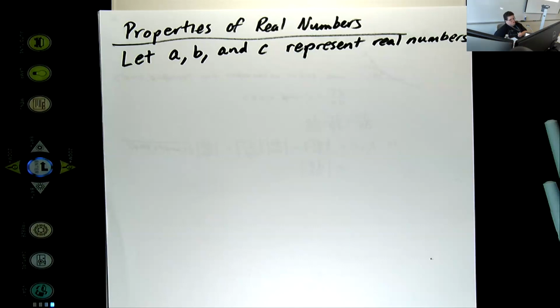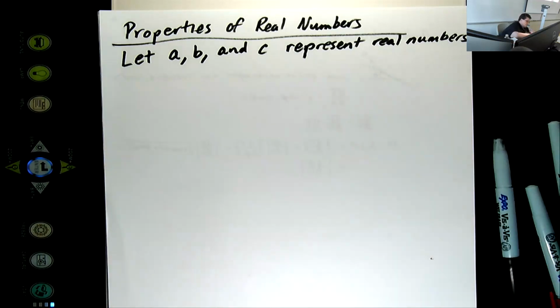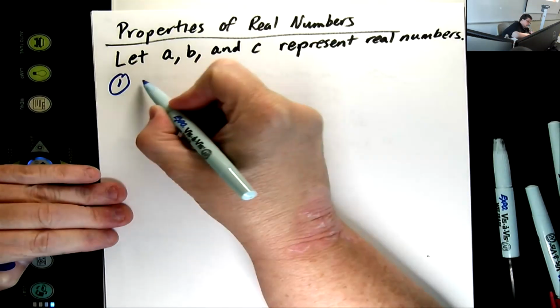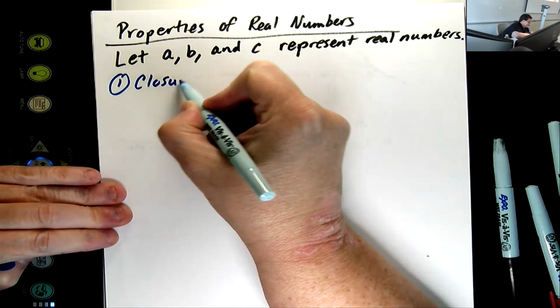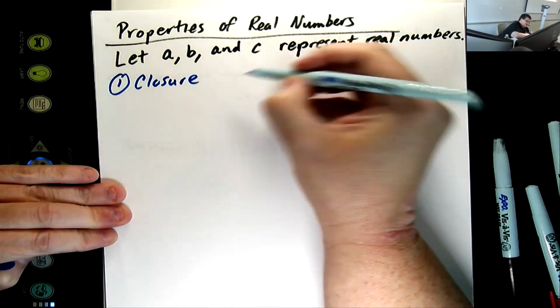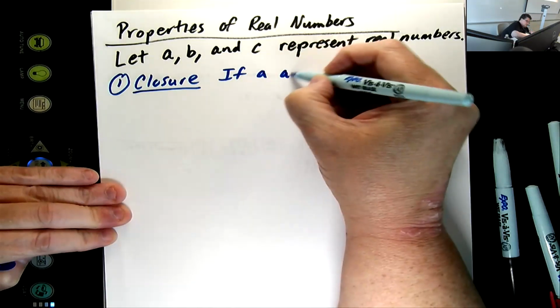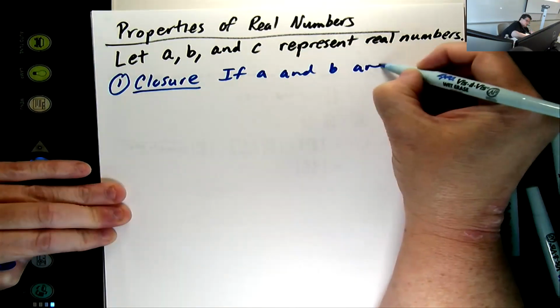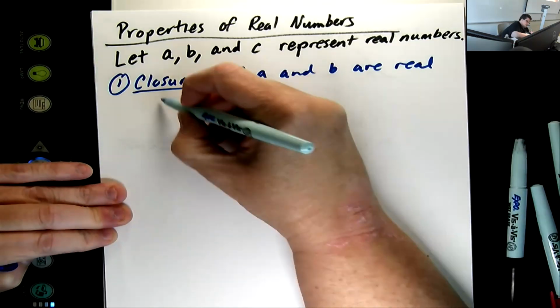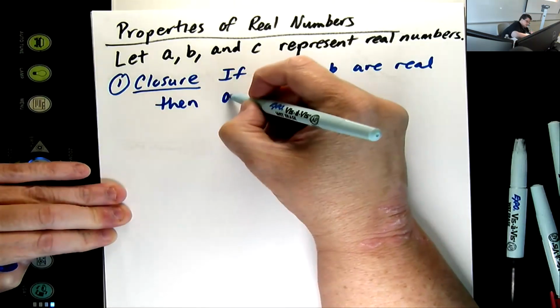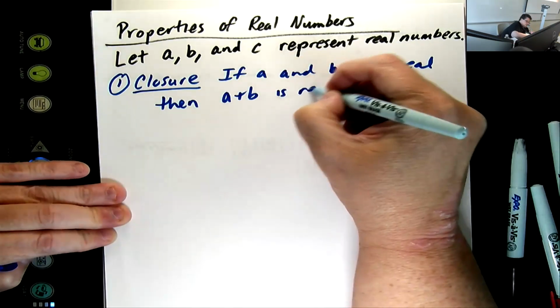Now, if you go down the pure mathematics line, if you want to be a math person, say you're in this class, you're interested in math, you're going to see some stuff like this. The first property is called closure. The closure property: if A and B are real, then A plus B is real also.